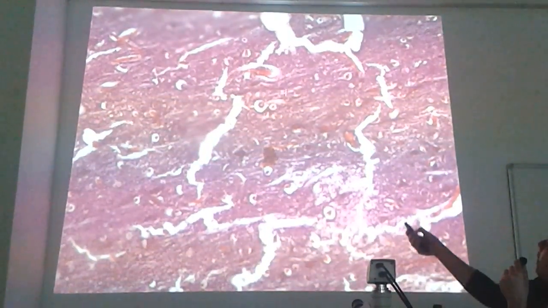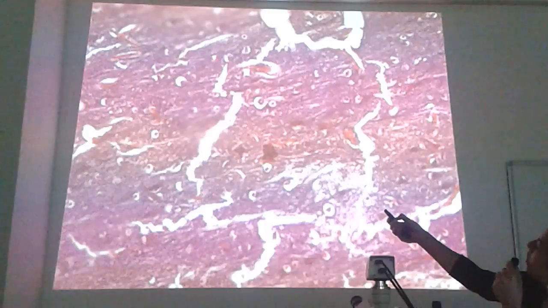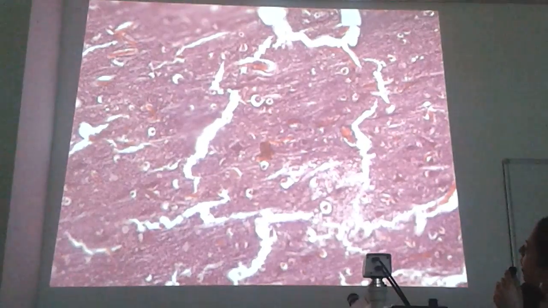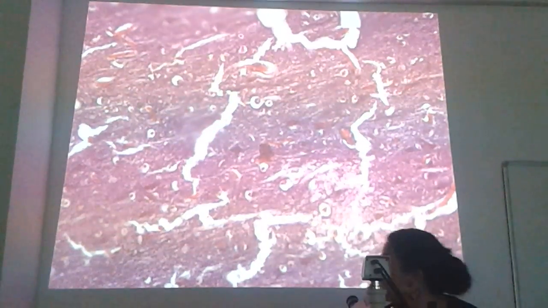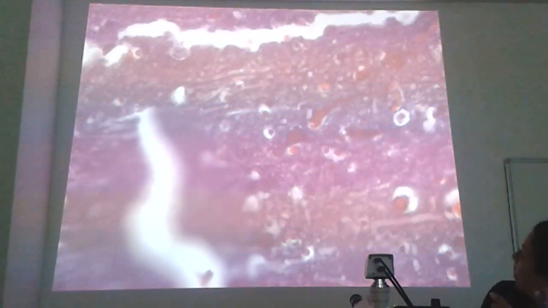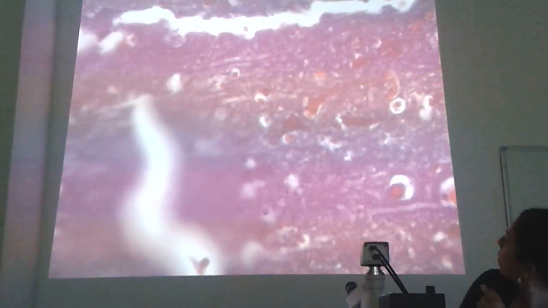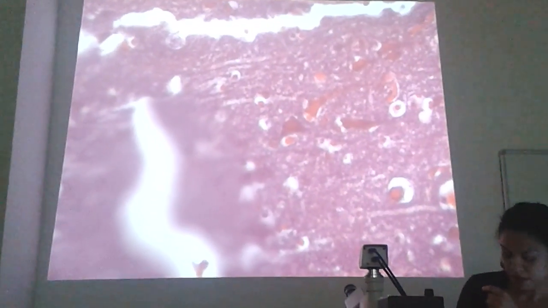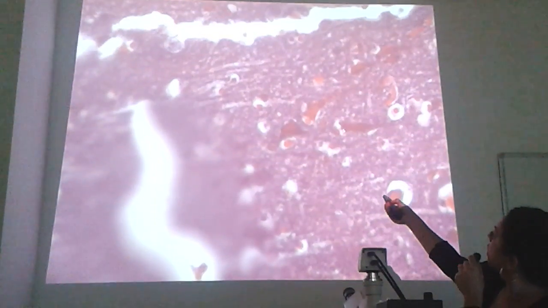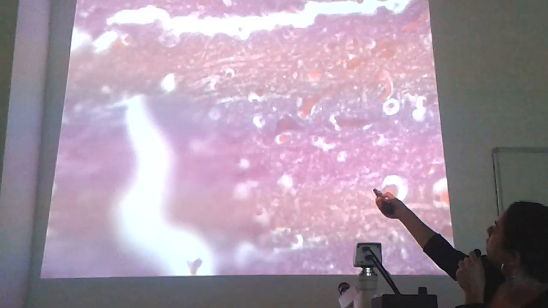As you can see here, this is a pyramidal neuron cell body. This is another pyramidal neuron cell body, and this is another one.